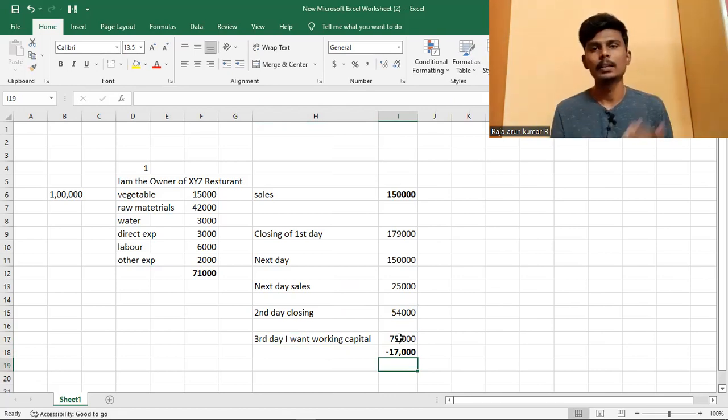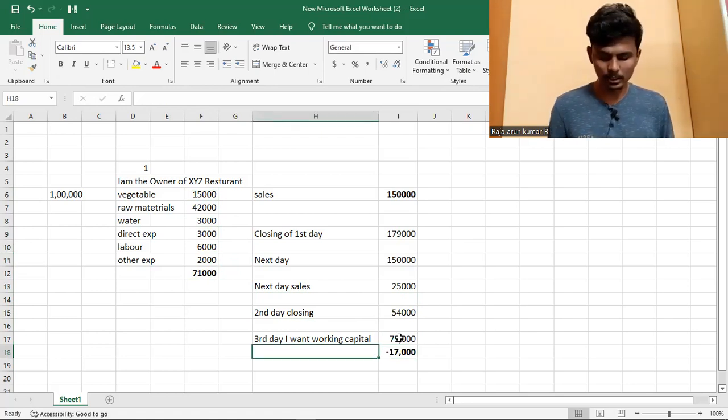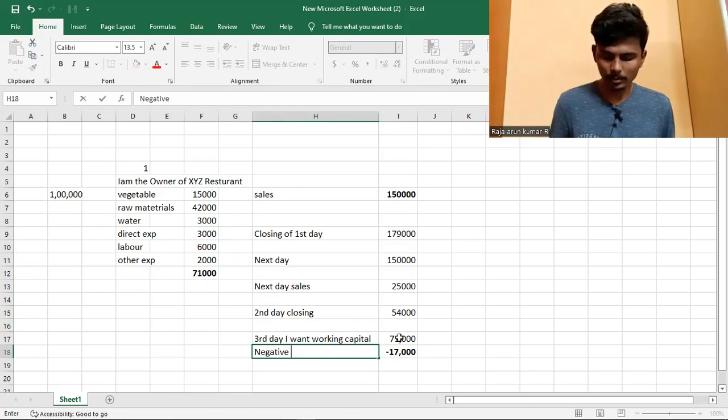Sales will be coming: one day will be double the amount of our expenses, one day will be less than our expenses, and one day there is a negative balance of working capital. This is the working capital without working capital management; the company will struggle in the negative value of working capital.